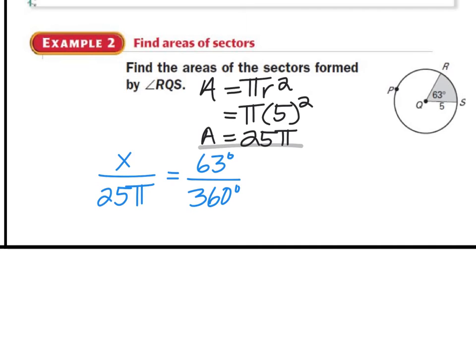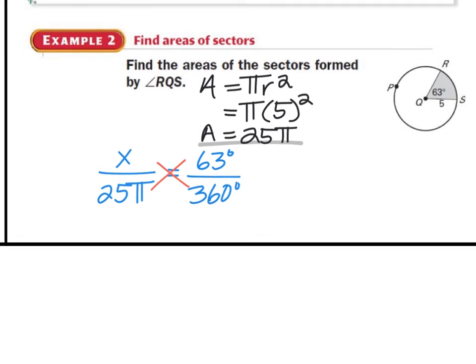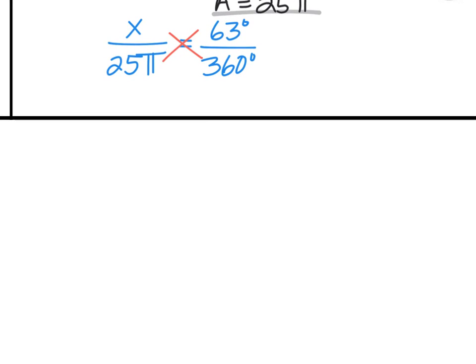Okay, just like yesterday, you cross multiply and solve. So that would be 360x. And for now, leave it in terms of pi. Don't go ahead and multiply it out yet.